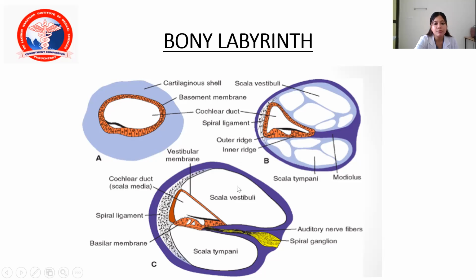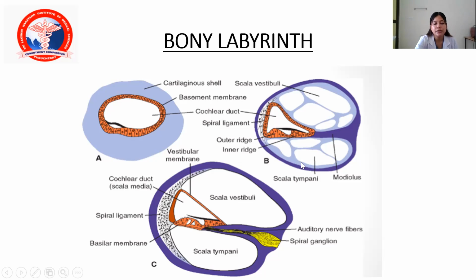So the scala vestibuli is separated from the scala media by the vestibular membrane, also called Reissner's membrane. The scala tympani is separated from the scala media by the basilar membrane. The scala vestibuli and scala tympani consist of perilymph, and the scala media consists of endolymph.